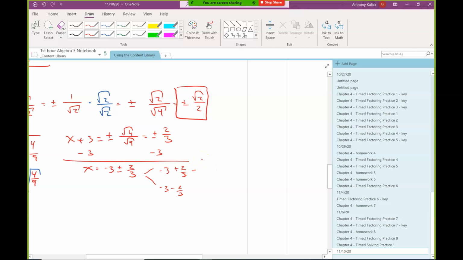The common denominator in this case would be 3. So I'll multiply -3 over 1 by 3 over 3, making it -9 over 3 plus 2/3. So when I add those two fractions, I get -7/3. And then similarly, I'll have -9/3 minus 2/3, which gives me -11/3. Is that okay?